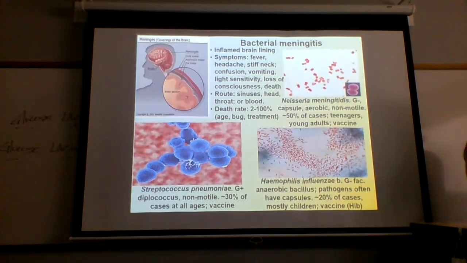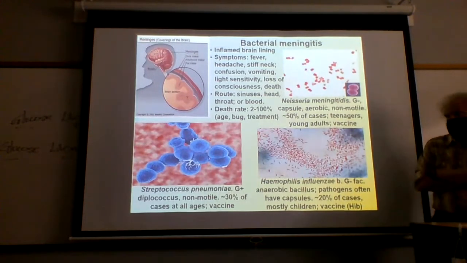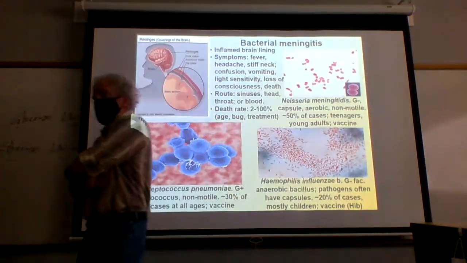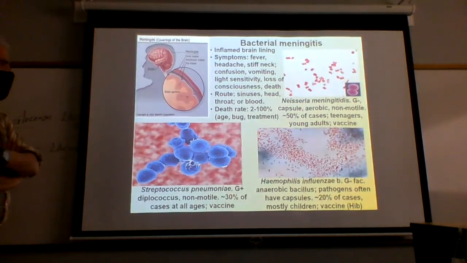So here is another kind of inhaled bacterium, a class that we can begin kind of going through. Neisseria meningitidis is a gram-negative guy, and this gets in through the nose, gets into the sinuses, and it actually can begin working its way up into the brain.